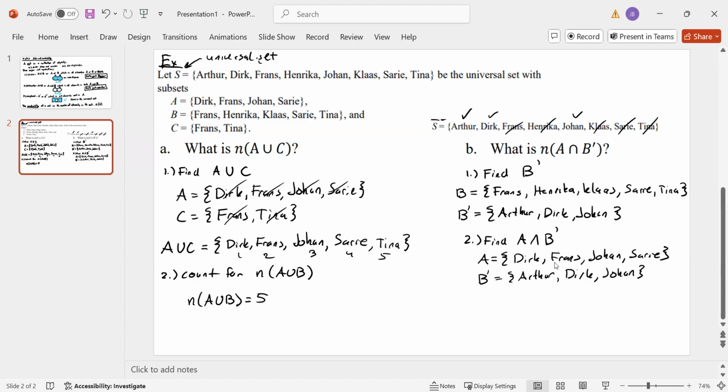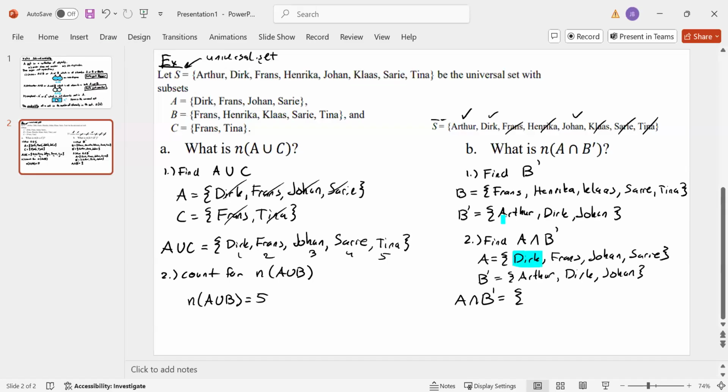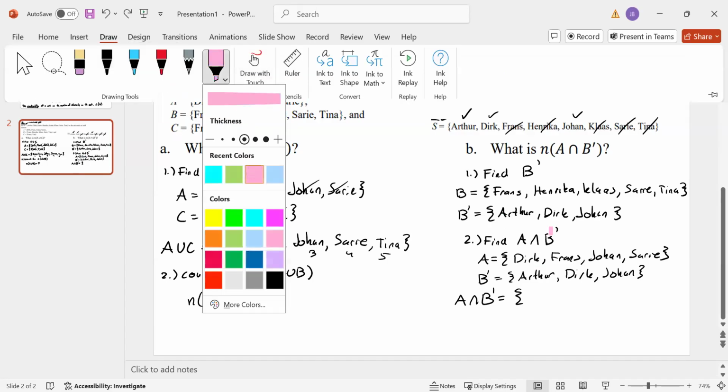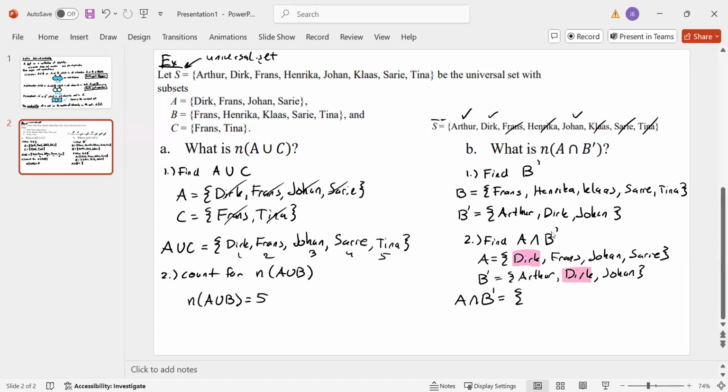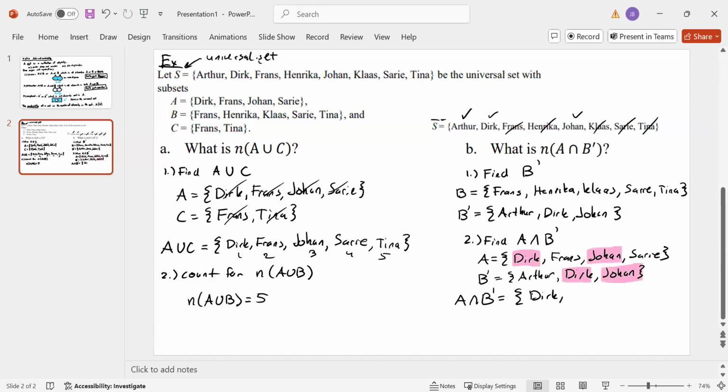And so when you do the intersection, there are cases where it doesn't, but most of the time, it will get smaller. So if it gets smaller, because they don't always share the same thing, right? So they both share Dirk, so I'm just gonna highlight that for you. Actually, I'm gonna use a different color. I liked blue today, so we'll do lavender. Dirk, Dirk, and then Johann and Johann. Those are the only ones that they share. So I do Dirk and Johann.